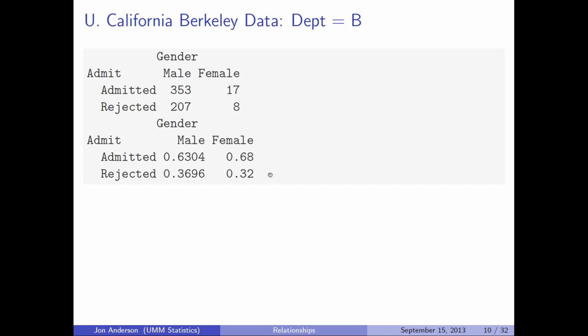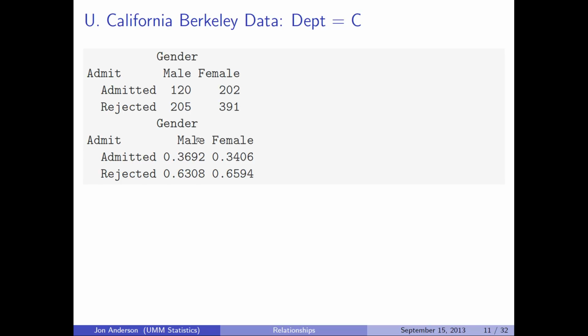Let's take a look at Department B, and you'll see here 68% of females that applied. There weren't many, looks like only 25 of them, but 68% of females got in and 63% of males got in. No real discrimination against females there.